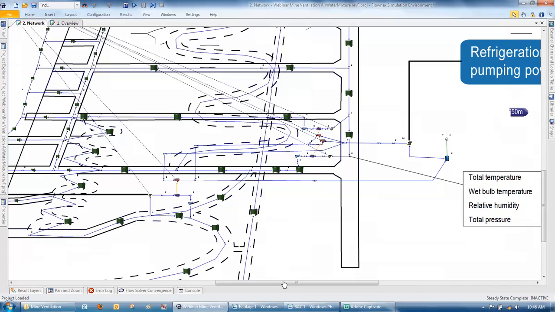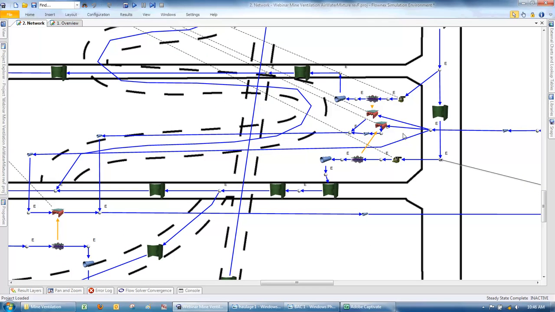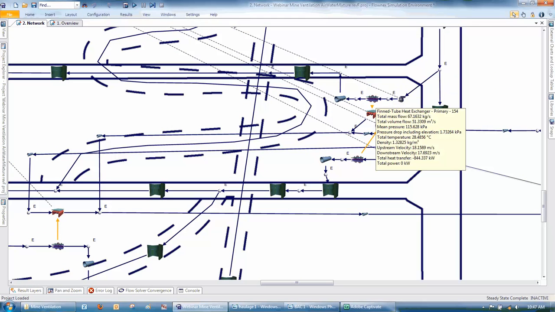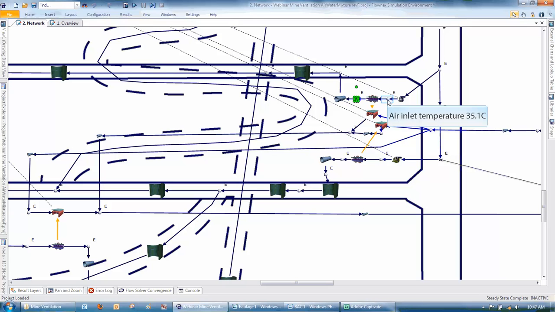Now, to cool this ventilation air, it enters through a heat exchanger, which is simulated for these two levels in this vicinity. Also part of it, you can see how much heat is transferred to cool the air down and what the exit temperature of the air is.